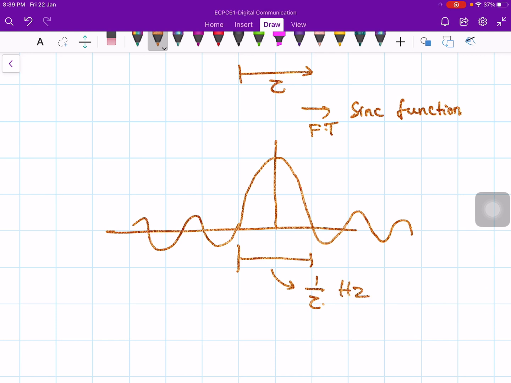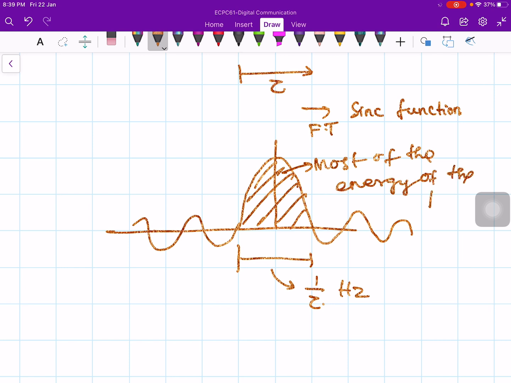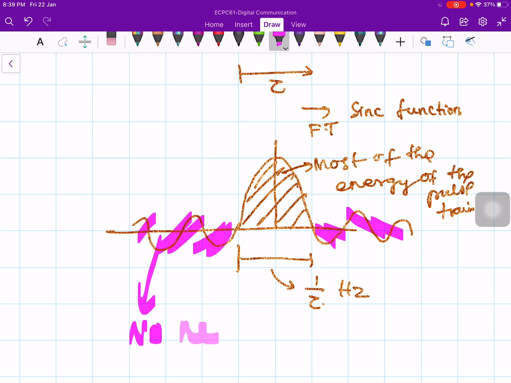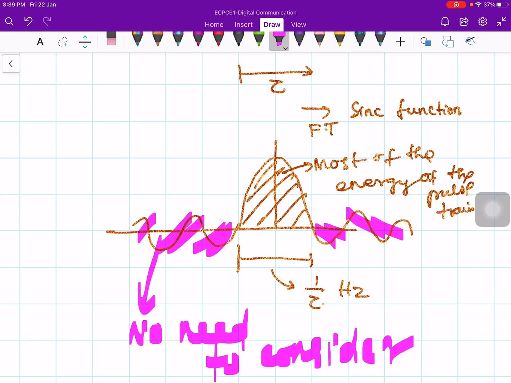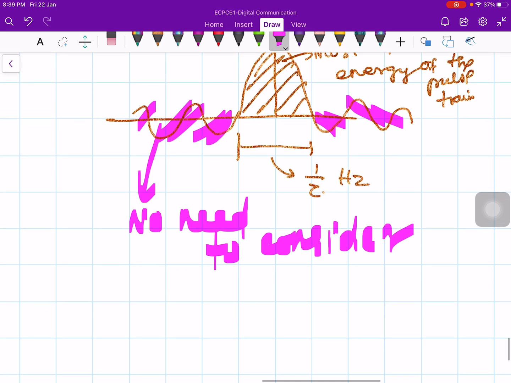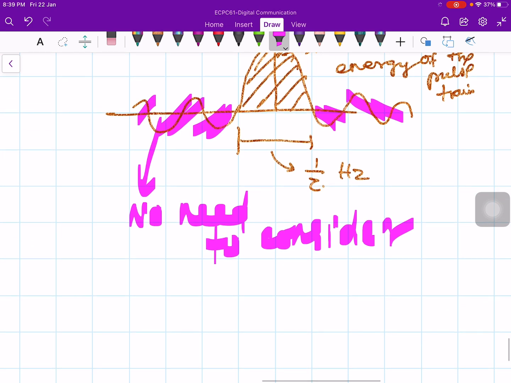That is, this main lobe contains most of the energy of the pulse train, and this part you can neglect, no need to consider it. Most of the energy of the pulse train will lie in this 1 by tau bandwidth.